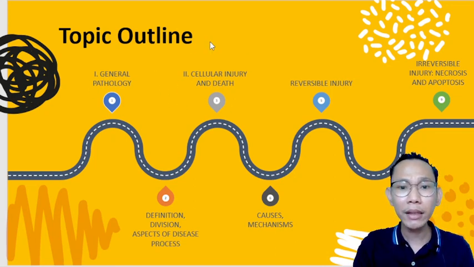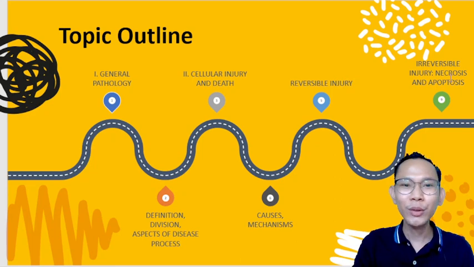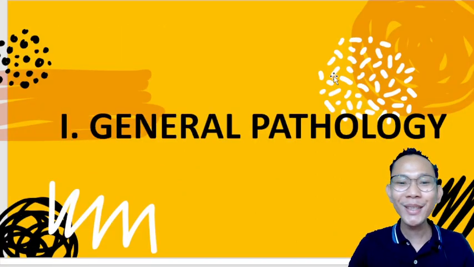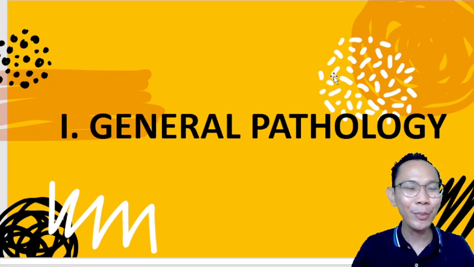Then for our second topic, we will be discussing cellular injury and death. Here, we will discuss the different causes, mechanisms, as well as the reversible injury and the irreversible injury, specifically necrosis and apoptosis. So this is going to be our topic outline. So let's start with our first topic. I hope that we will have a fun learning discussion for today.